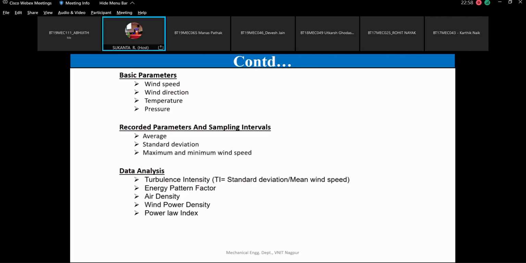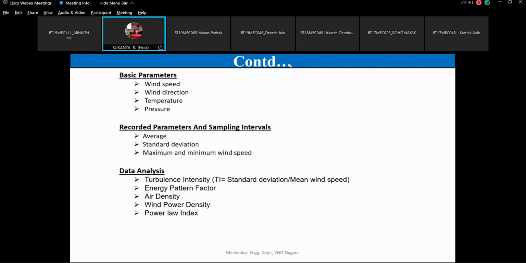For the wind direction also, we have to mount the wind vanes at the same heights. And at least at two heights we have to mount the wind vane and anemometer, for wind speed and wind direction. This way, people commonly measure the wind speed and wind direction.